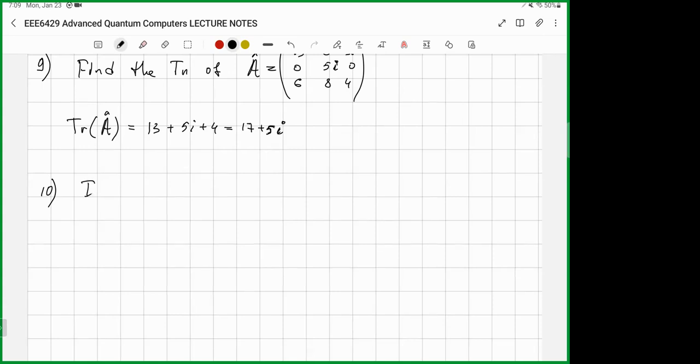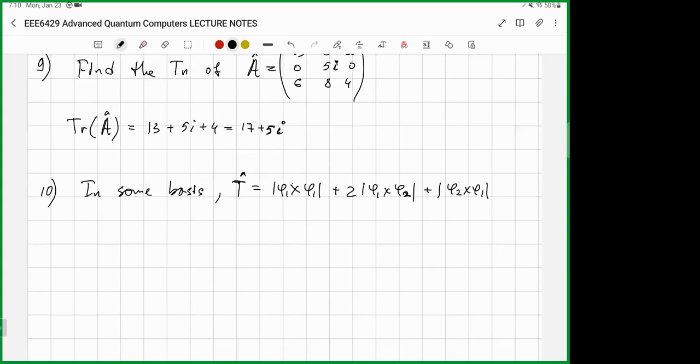So in problem 10, in some basis the operator T is represented this way: phi1 phi1 plus 2 phi1 phi2 plus phi2 phi1, and that's it.